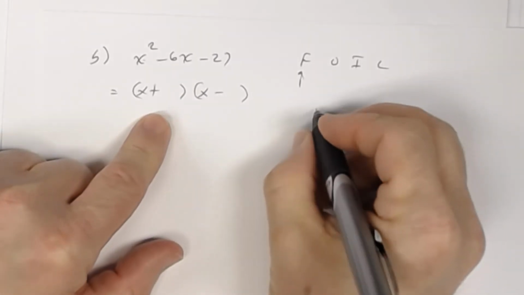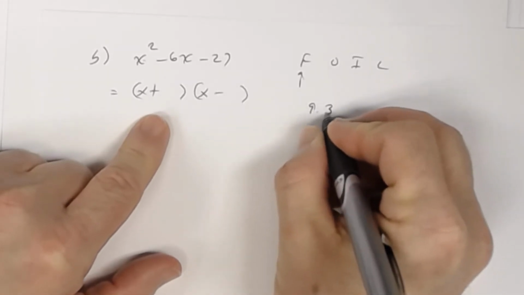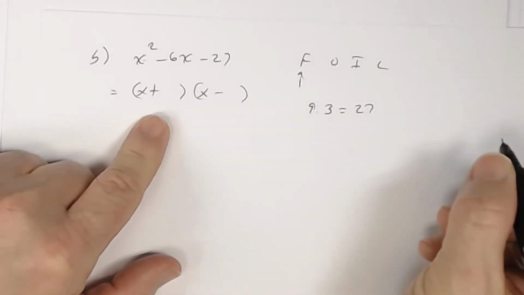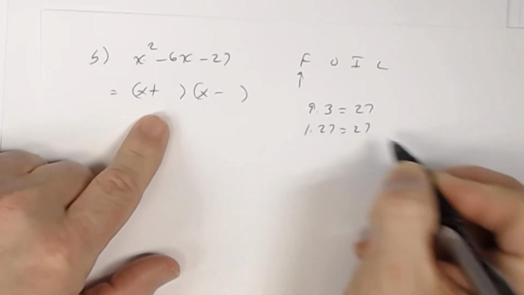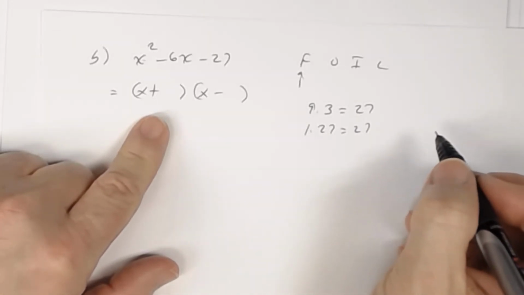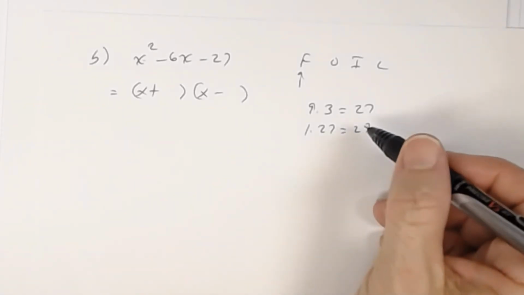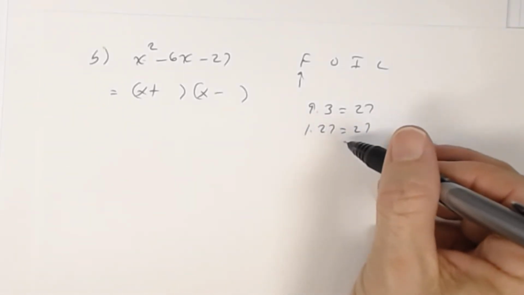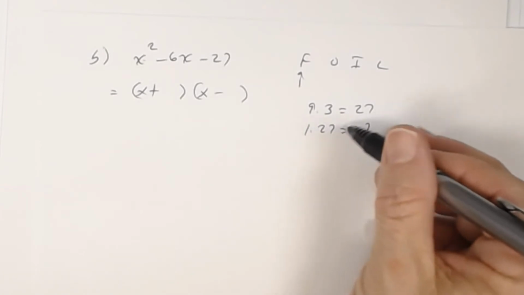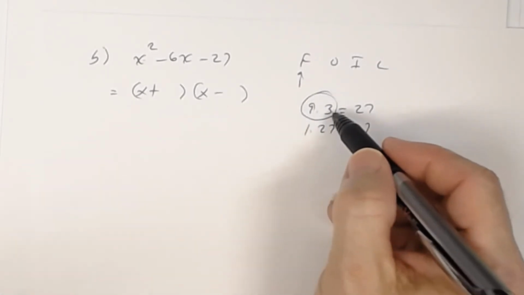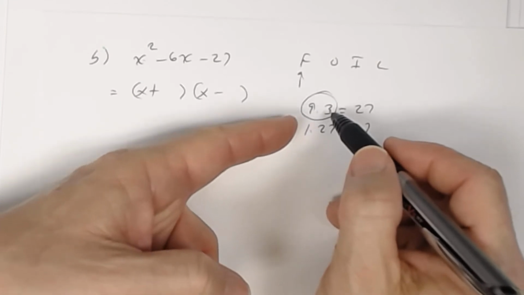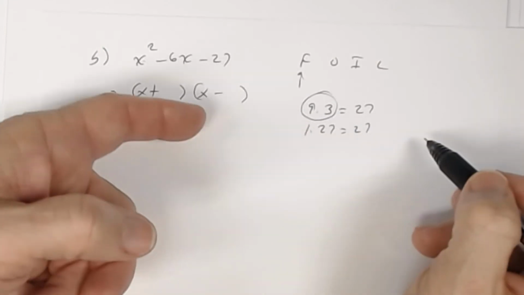So, for example, 9 times 3 is 27, right? 1 times 27 is 27, correct? And that's about it. So those are the two products that give 27. You always want to try the ones that are closest together on the number line. So 3 and 9 are closer together than 1 and 27.